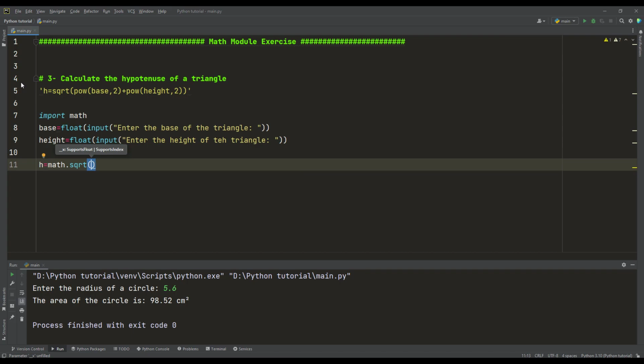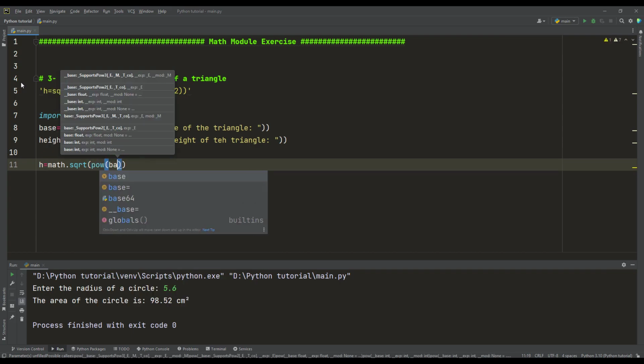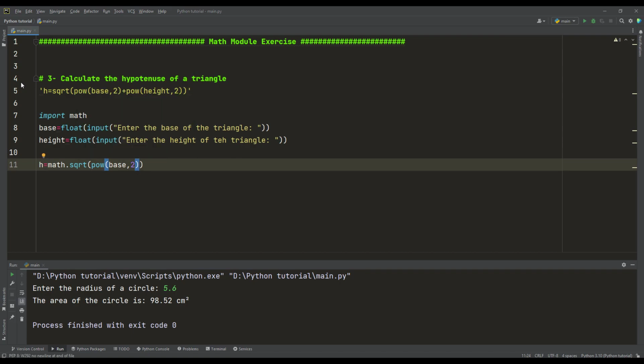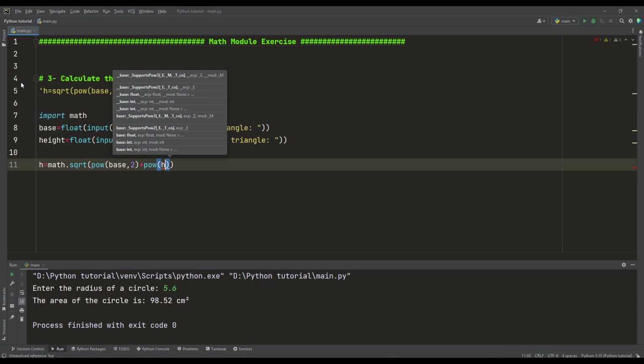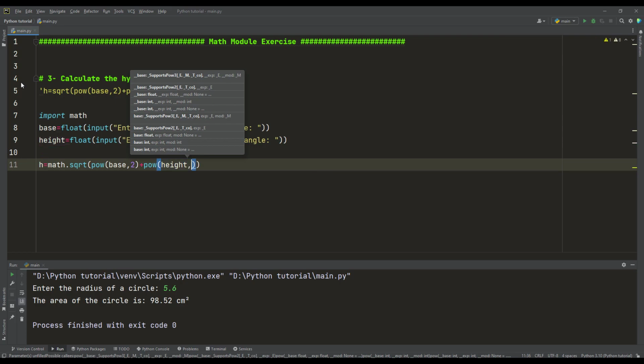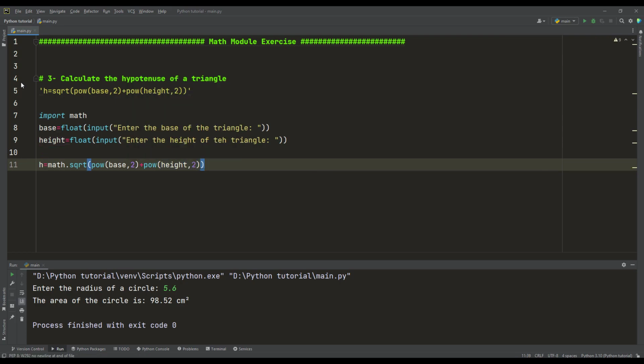We can do it like base star star 2, or we can use the internal function, which is the power of the base and 2. So I consider adding on the top of this the power of the base to 2, plus the power of the height, also to the power of 2.